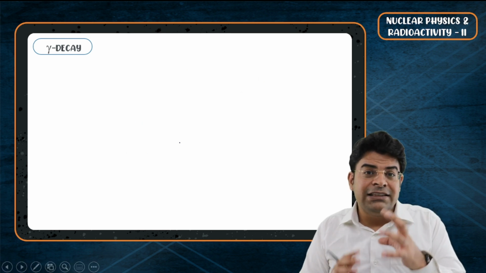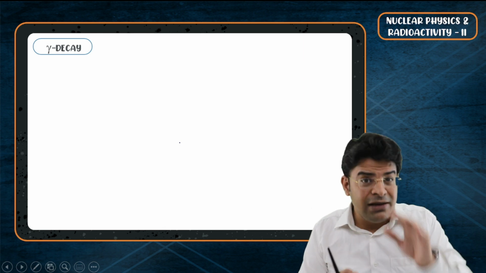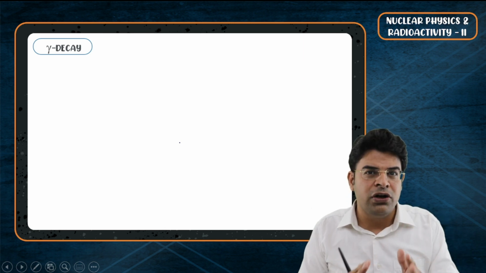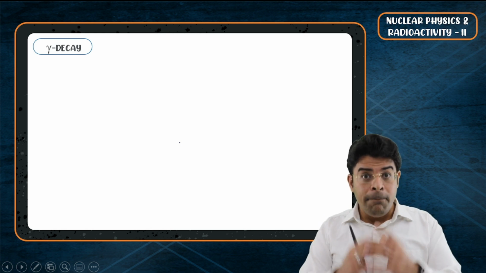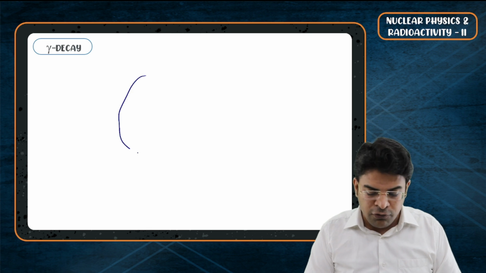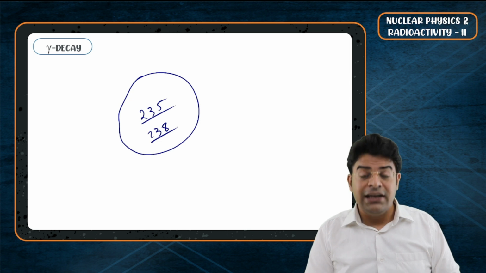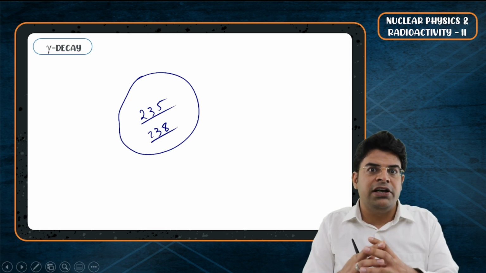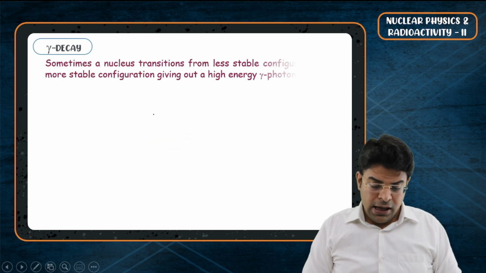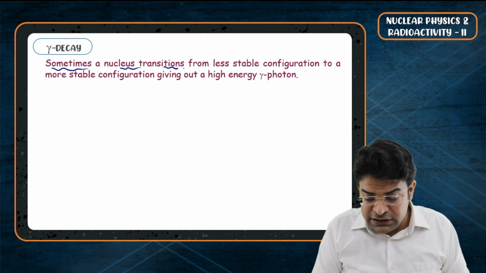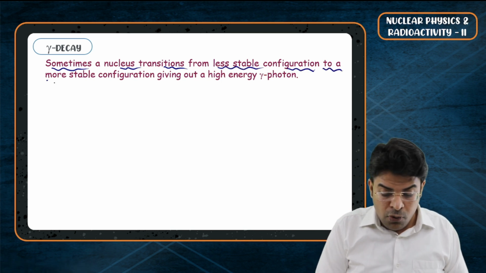Now this was the example of a helium nucleus, which has got a very small number of nucleons. If you leave apart hydrogen, the smallest of all, these are the minimum number of nucleons you can deal with, 4. Bigger nuclei have got a huge number of nucleons. So let's say 235 nucleons, 238 nucleons. And there are many different possibilities of arrangement of these nucleons. Now do understand, sometimes a nucleus transitions from a less stable configuration to a more stable configuration.